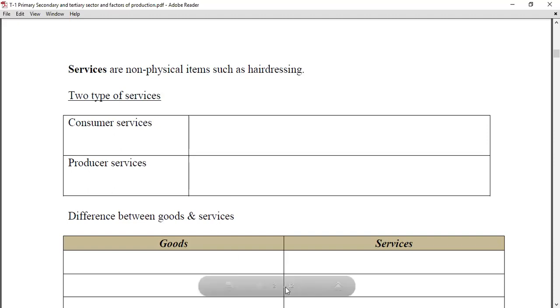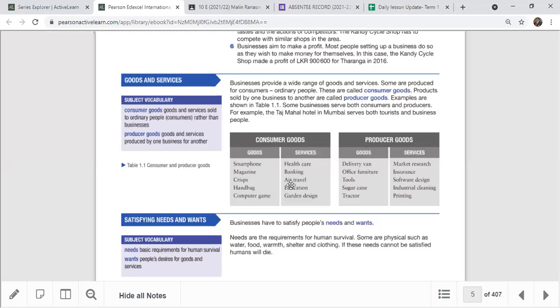The consumer services are healthcare, banking, air travel, education, garden design. Ordinary people like us normally take these services: we go to hospitals and doctors, and use banking, air travel, education and garden design services.